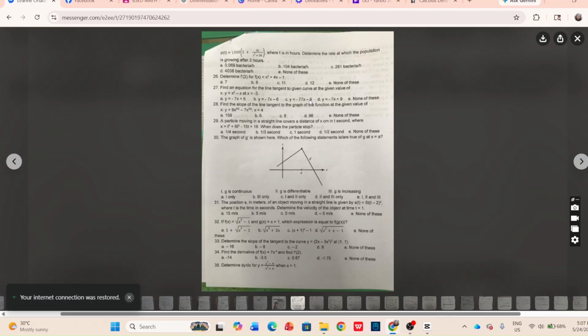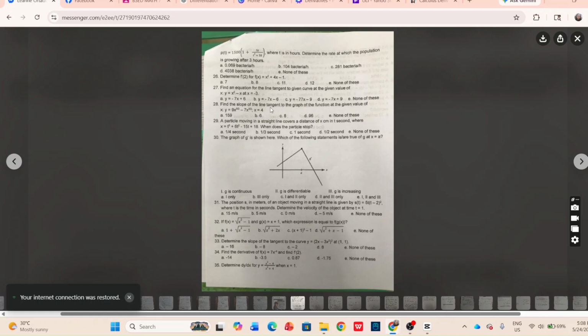So still, since there is an option which is none of these, then we can answer none of these. I think there is supposed to be a correction for letter C, but since we have letter E, which is none of these, our answer for 27 is letter E.